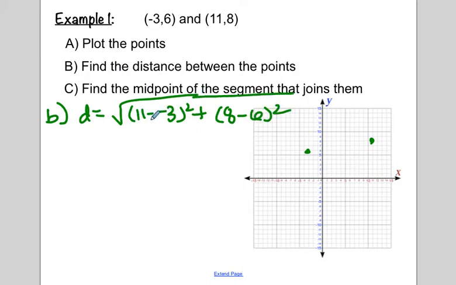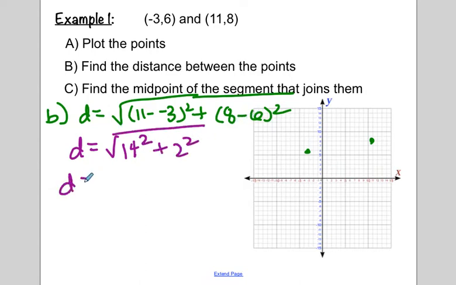This gives me 14 squared, plus 8 minus 6 is 2, 2 squared plus... I already squared it. Let's back this up. My bad. 11 minus -3 is 14 squared plus 2 squared. So then I would say, well, 14 squared is 196.